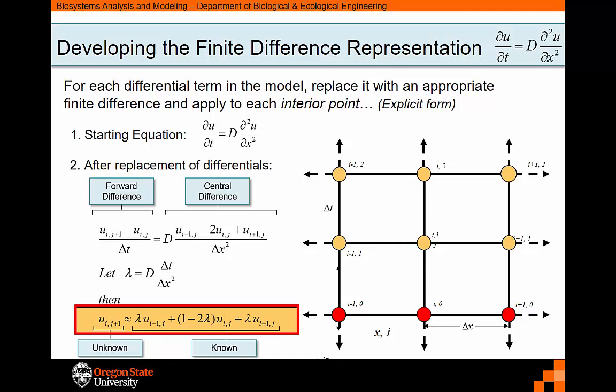Note that information flows from the nodes below, to the left and to the right, to a given node at the next time level. These are the nodes that are required to estimate the substrate concentration U at the next time level.